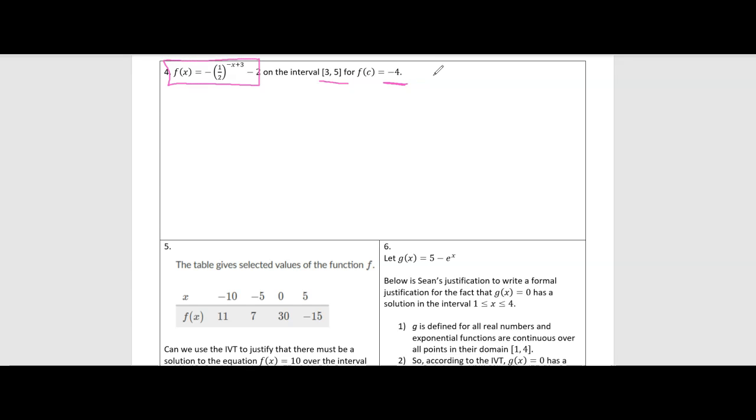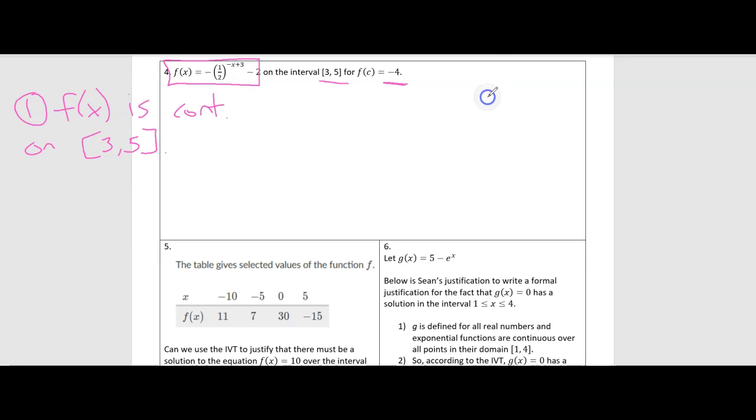And again, we have a function that is mostly exponential with a constant on the end. And the base is not 0. So again, if it's a real number base, these functions are always going to be continuous. So f of x is continuous on the closed interval, 3 to 5.